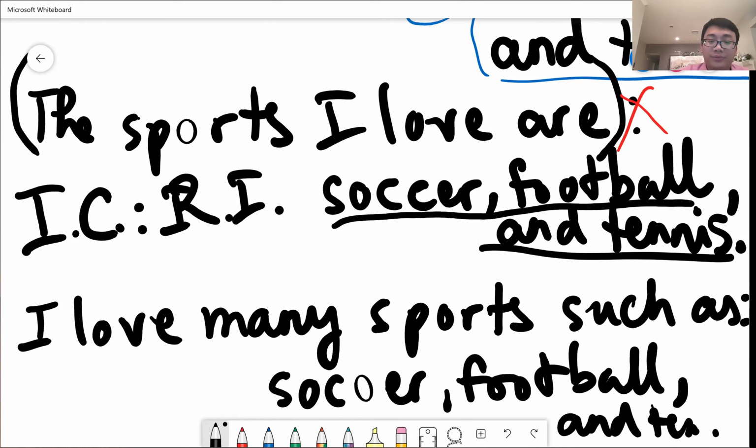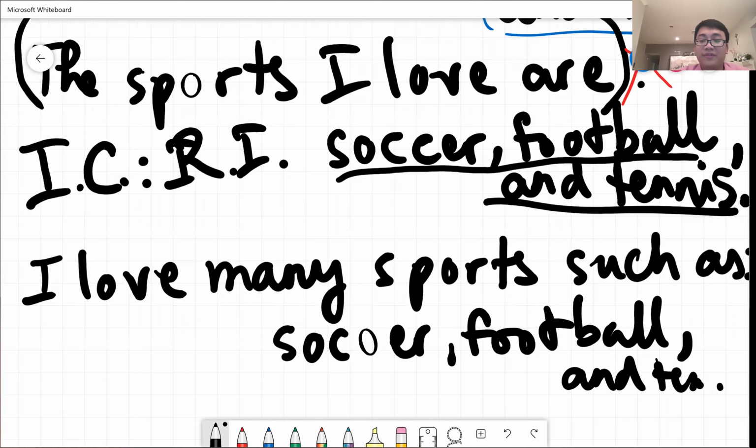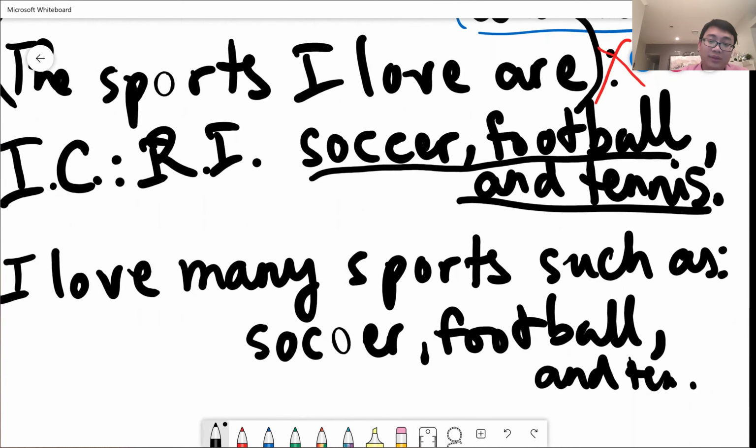Okay. Well, it looks very right to a lot of students, because you were taught that a colon is used to list out things after such as. And a lot of students get confused when they see this on the test. They're like, should I do this?